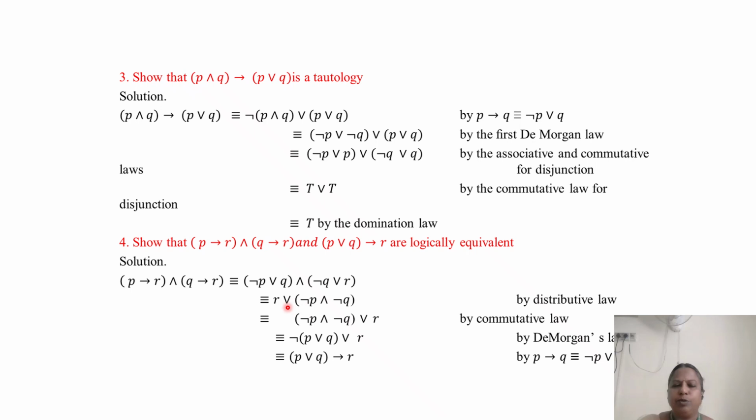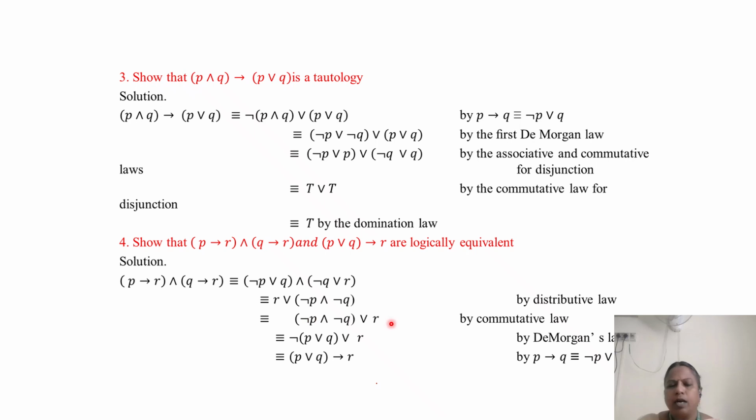So we apply the distributive law here: R, R, negation P and negation Q. Here the left hand side of the distributive law is given and therefore we are using it.